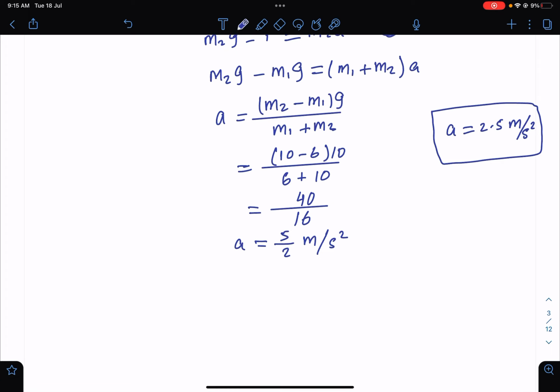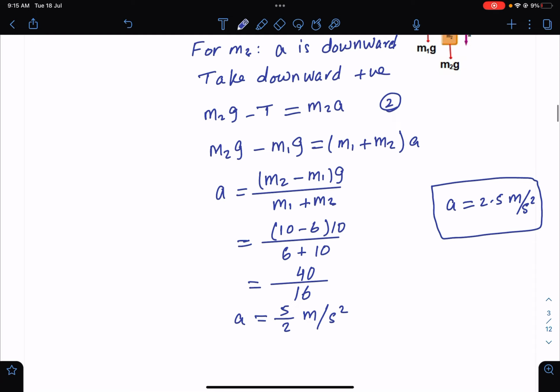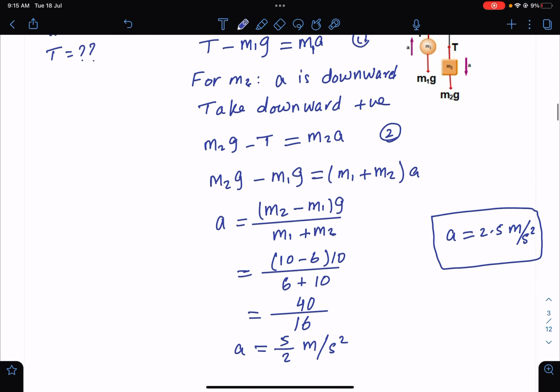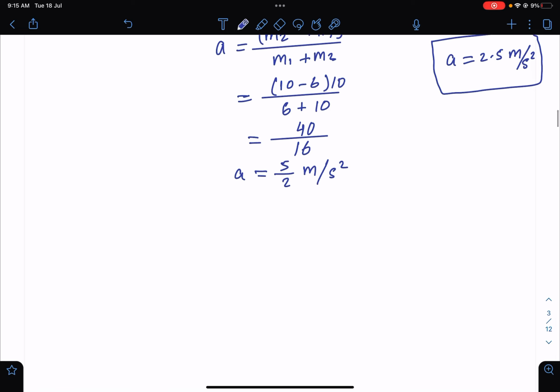And now we can find tension by using either equation number 1 or 2. Let's use equation number 1. T minus M1G equals M1A. Therefore, T equals M1A plus M1G.